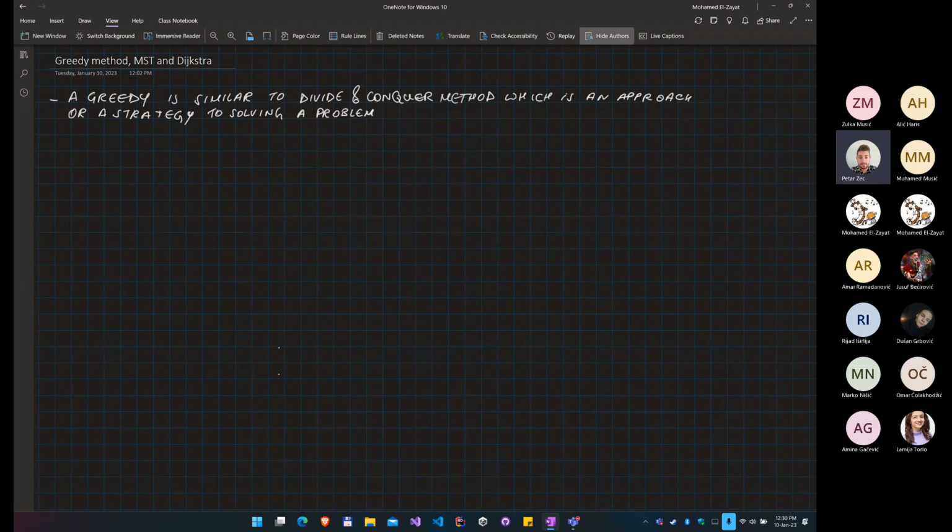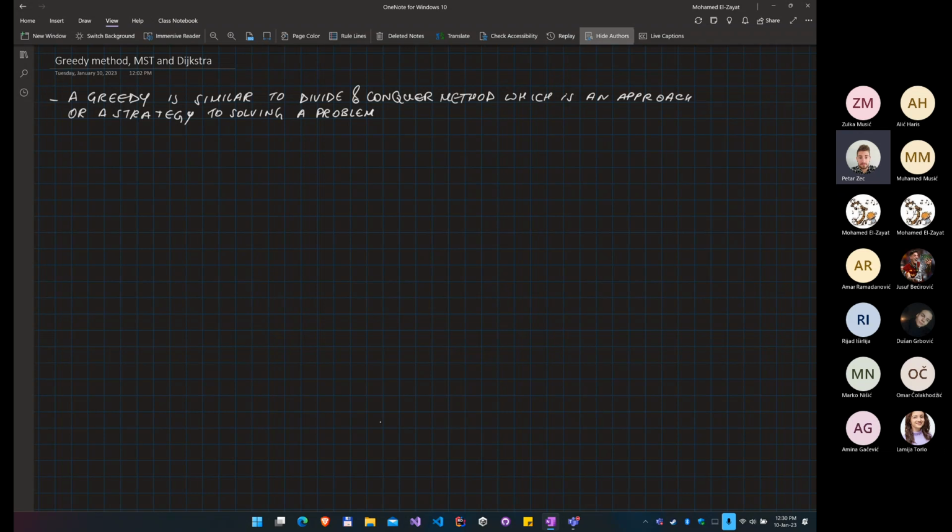So you have a problem, and you would like to find an algorithmic approach to solve it. That problem can be solved, for example, with divide and conquer. You can divide your problem into smaller manageable pieces, and then you tackle every piece alone. For instance, merge sort is a divide and conquer algorithm.